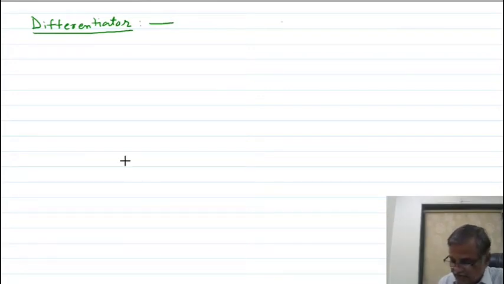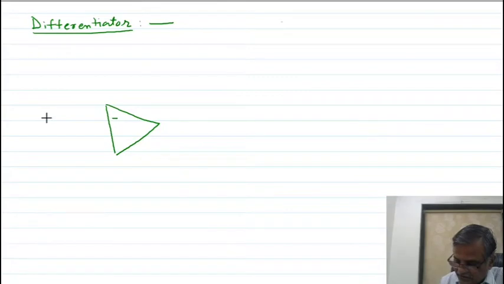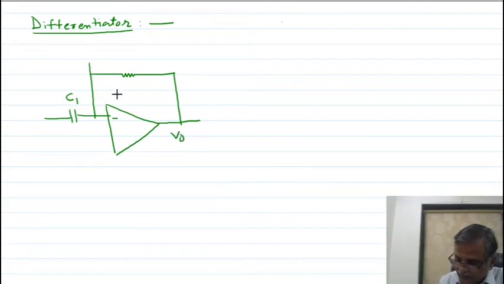The basic circuit diagram of the operational amplifier to perform the derivative function is as shown in figure. This is the basic circuit diagram of a differentiator circuit. This is RF, C1, this is Vi, this is our compensating resistance.